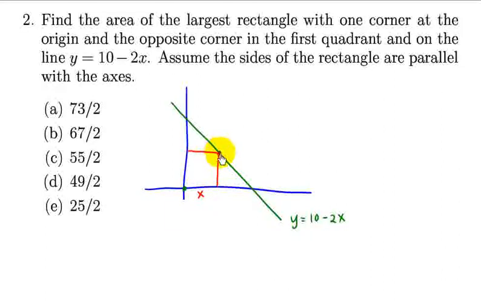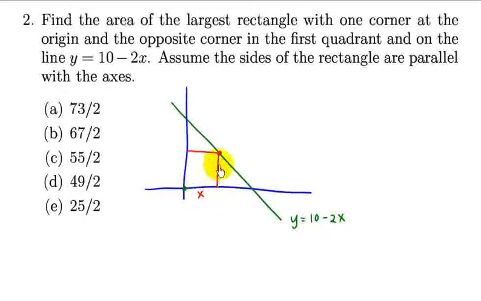Note that this point is on the line, which means that since the length of this rectangle is x, this coordinate is x.